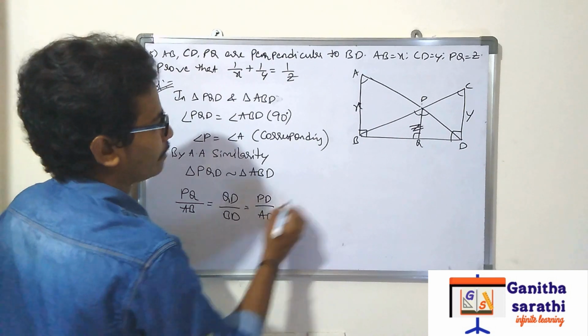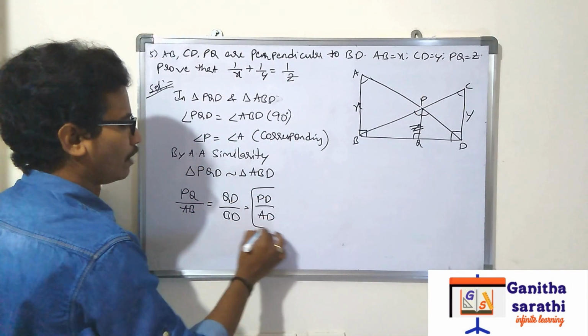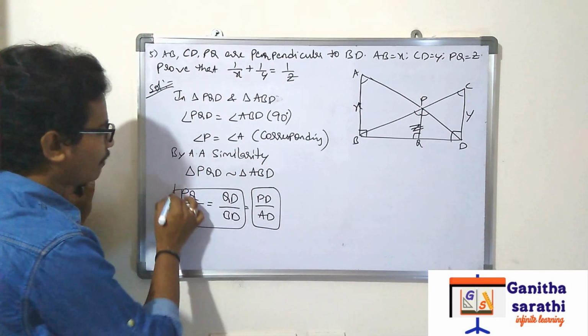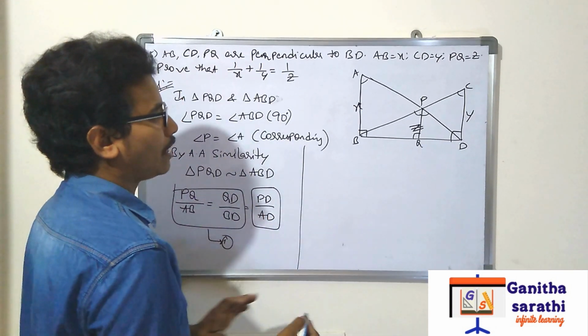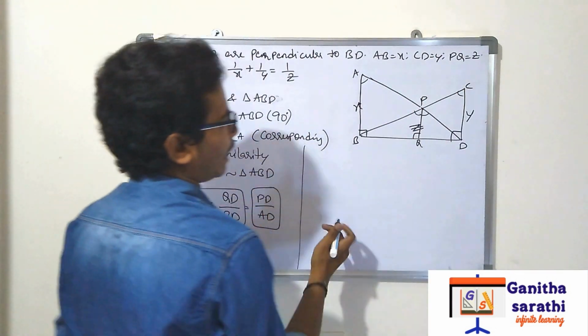Now we don't need this last one, so this will be our first equation. Now move to the second equation. How will we find the second? This side is completed, move on to the right hand side.